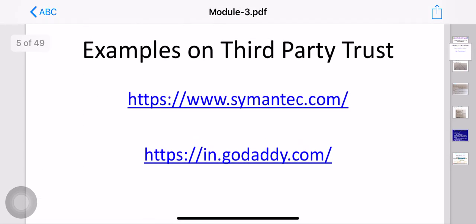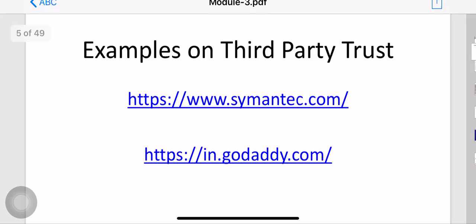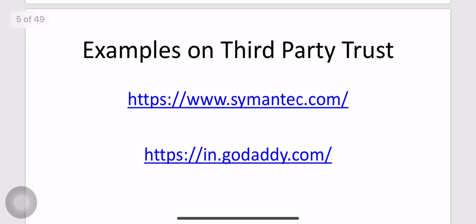Some examples of trusted third parties are symantec.com or godaddy.com and so on. They are the centralized authorities authorized by the government of India. They provide certificates for respective people who want to construct a network or want to use some set of computers and so on.